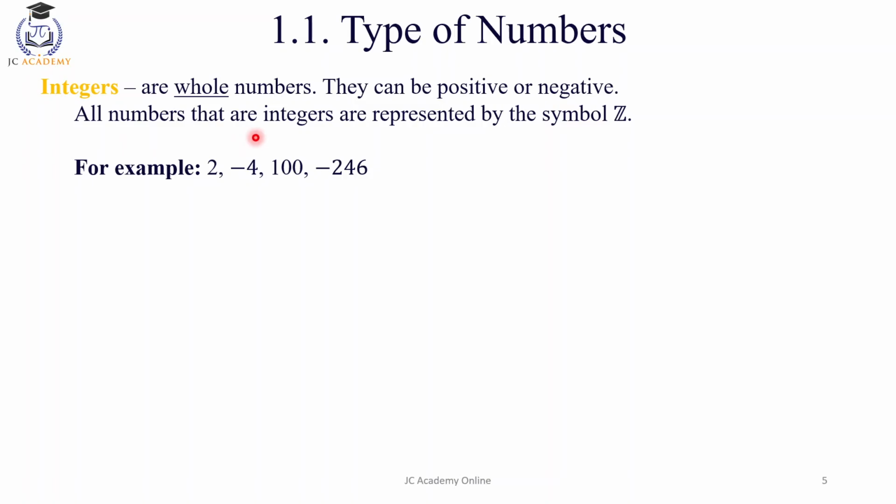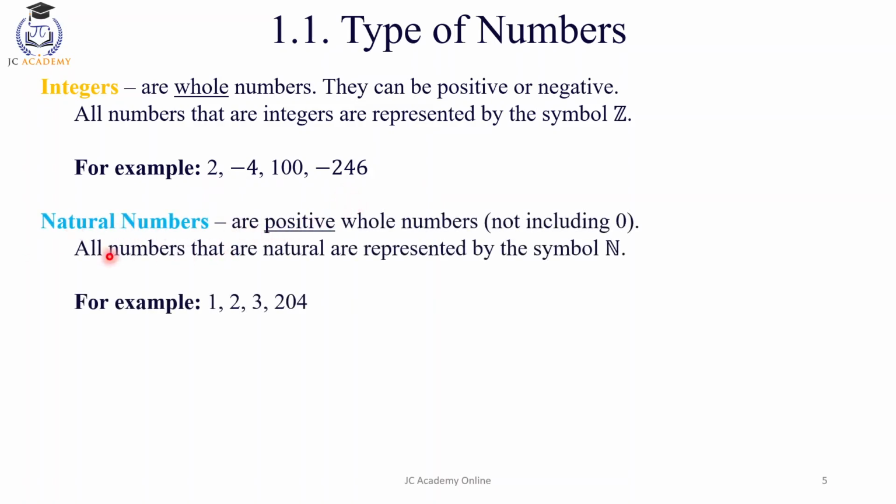All numbers that are integers are represented by the symbol capital Z with two lines in the middle. For example, the number 2 is an integer, minus 4 is an integer, 100 is an integer, minus 246 is an integer. They are all whole numbers.